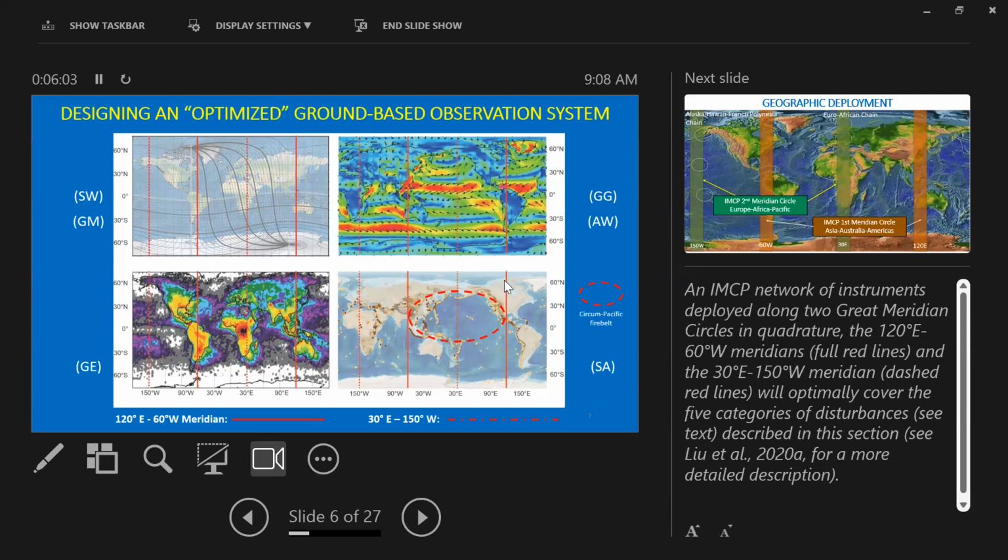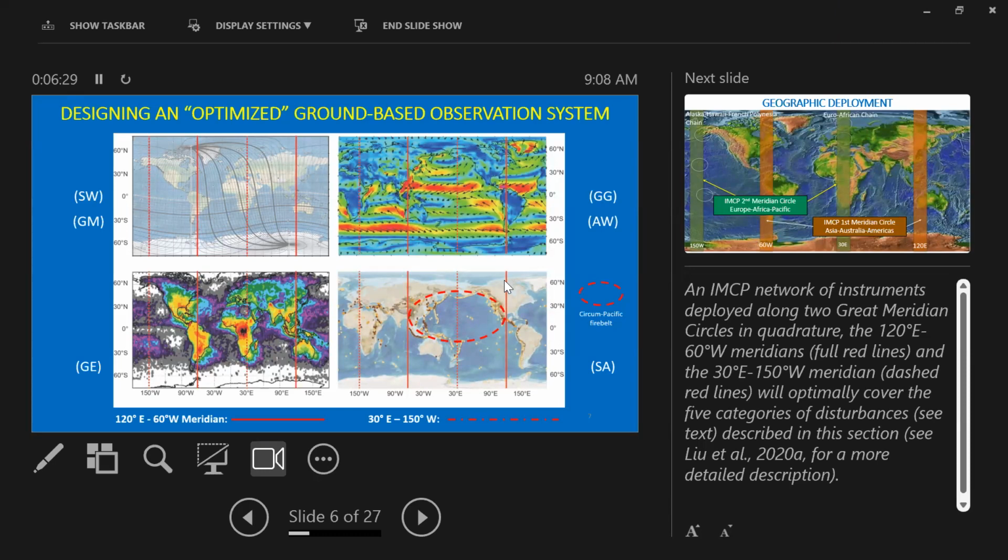On these 4 Mercator maps, you see to the upper left that one of the 2 circles, the 120 degrees east, 60 degrees west meridian, which goes through Asia and the Americas, actually goes through the geographic and geomagnetic poles, so that it can capture both geomagnetic and geographic latitude variations in the phenomena.